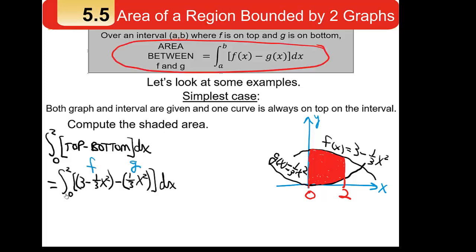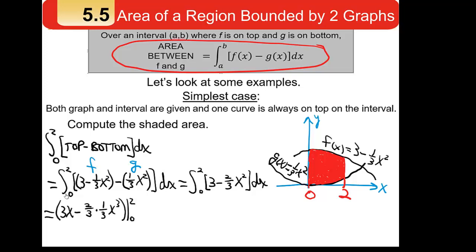Using the formula, f is 3 minus 1/3 x squared, minus g, which is 1/3 x squared. And so you've got a minus 1/3 x squared minus another 1/3 x squared, so you end up in the integrand with 3 minus 2/3 x squared. We have to integrate term by term. We know that the integral of 3 is 3x.